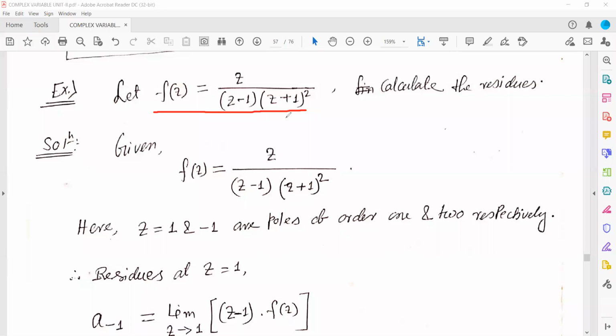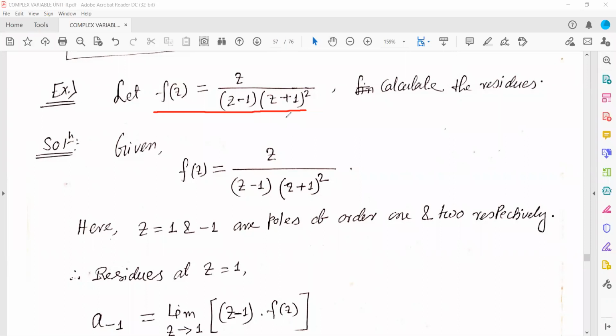Before calculating the residue, you need to identify at what point you are getting a pole and what the order of that pole will be. Without knowing these, you won't be able to calculate the residue.